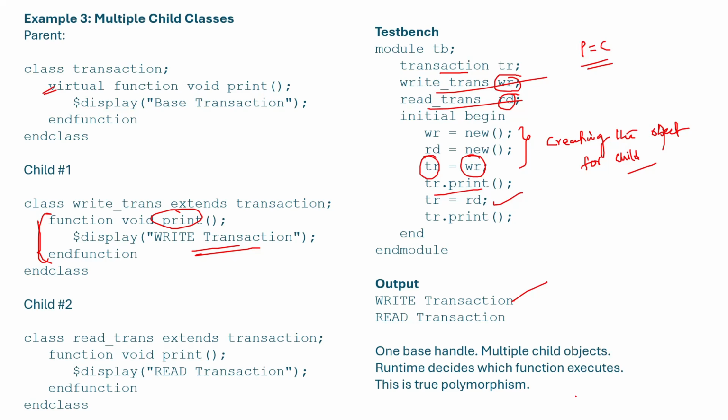So that's what he is saying: one base handle, multiple child objects, and runtime decides which function executes. This is true polymorphism, right?